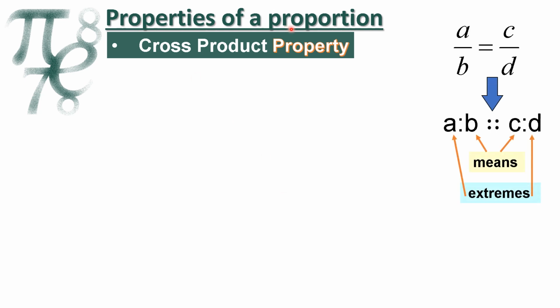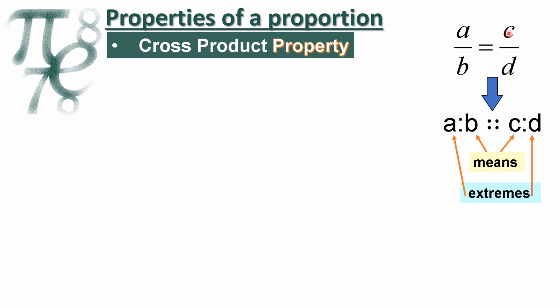Properties of a proportion. Cross product property. A over b equals c over d. A is to b as c is to d. B and c are means. A and d are extremes.